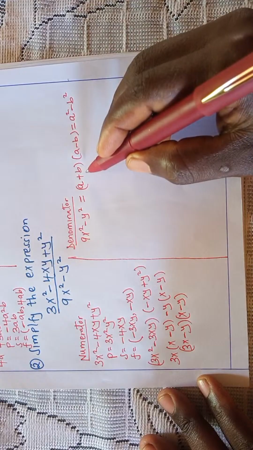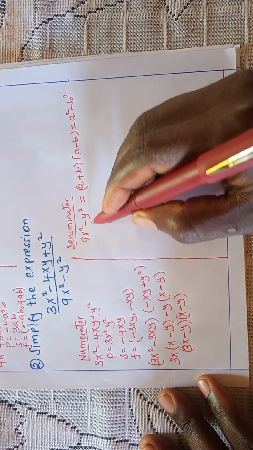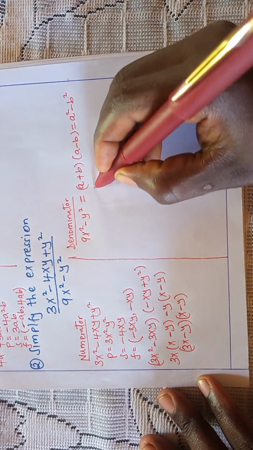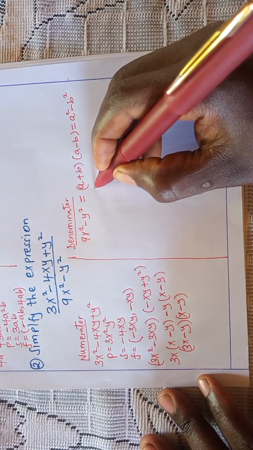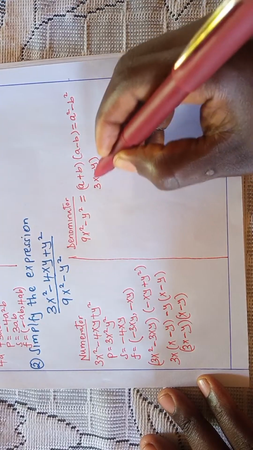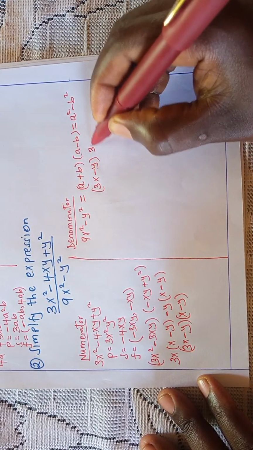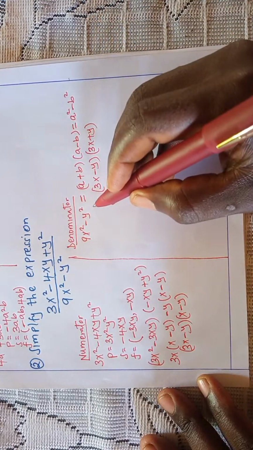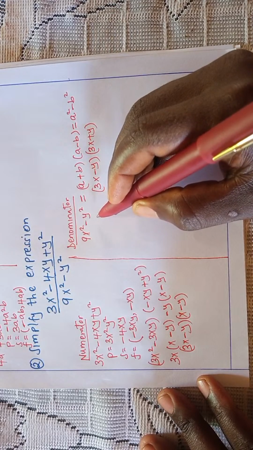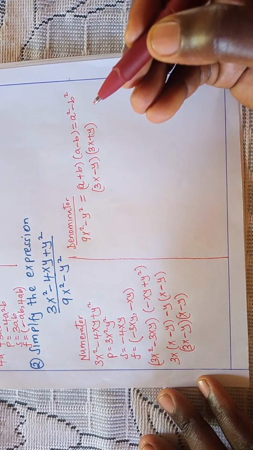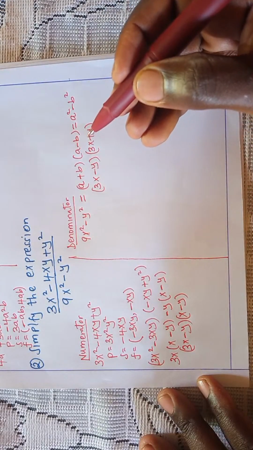So what we need is something like this from this expression. Now, if you multiply 3x minus y by 3x plus y, you expand this, you will surely get back to 9x squared minus y squared.